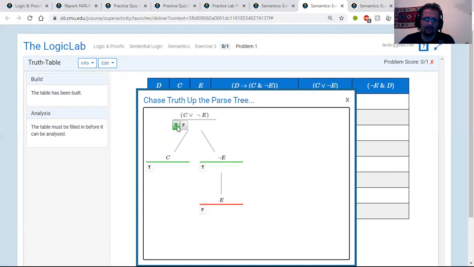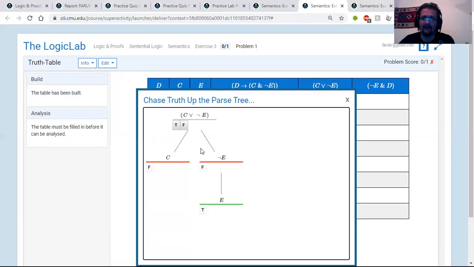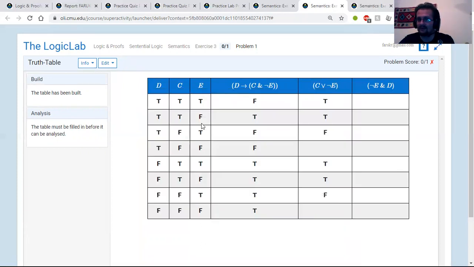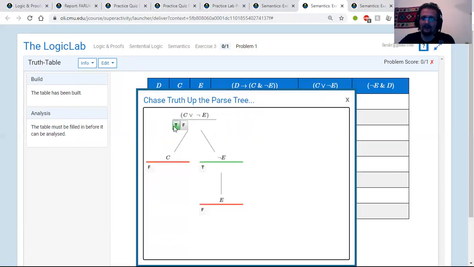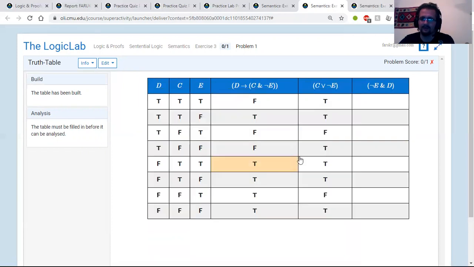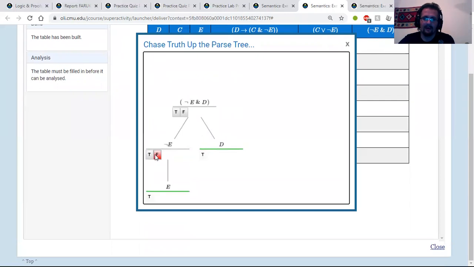True or true, it's true. If true, then the negation of it gives us false. False and false makes a disjunction false. And then false or true makes the whole disjunction true. So here we go. Let's work out the last part here.